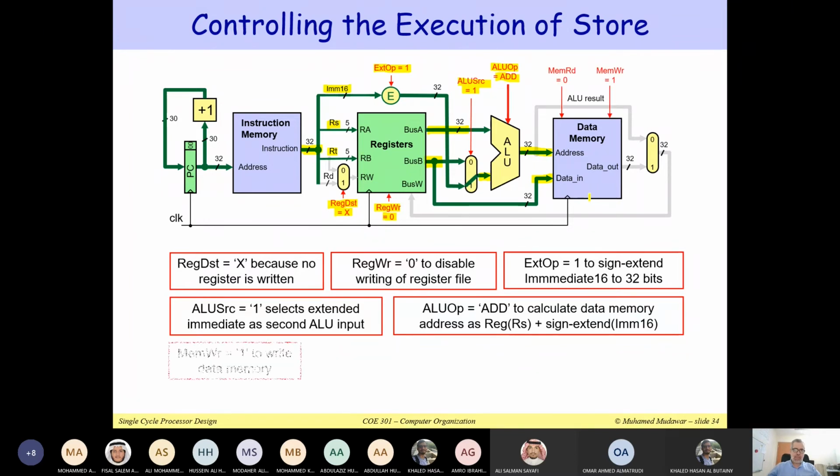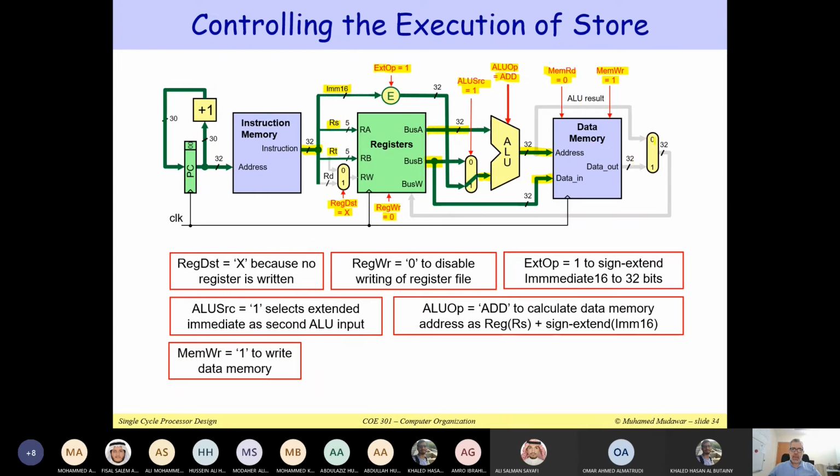Memory read is equal to 0 because we are not going to read anything, but memory write should be equal to 1. This stores the data at the input of the data memory at the specified address. So we are writing the data memory. Notice that we are not reading anything, so there is no data at the output of the data memory.